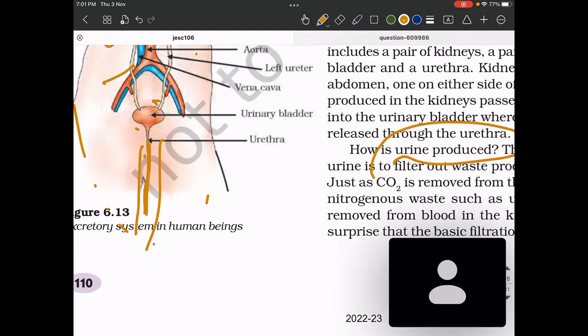But in females, the urethra helps in the removal of urine, and they have a different passage for the reproductive fluid to pass through. The entry and exit of the reproductive fluids in females is different, not through a single channel but through different channels. Okay, so keep that in mind. That's the main way male and female systems are different from each other.